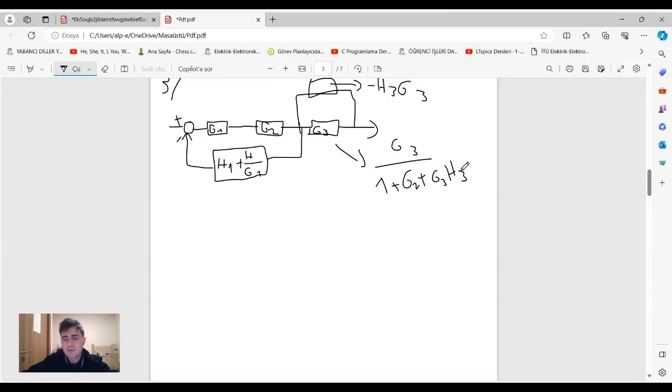We want to solve the equation for delta, and that's why we always write G3 over 1 plus G2 plus G3 H3, and also in this equation 1 minus, but minus times minus came the plus. And okay, we got to continue.